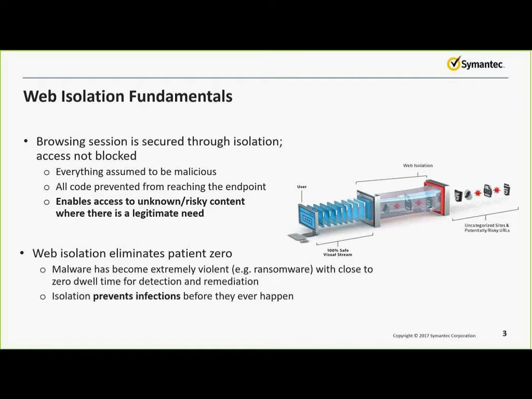So the end user browser doesn't have to execute any internet code. It's all done at a network level in a very secure, locked down, disposable container. And then we can feed just a visual representation of that website to the user. So we can now let the users browse to some of these websites, and we can feel safe in opening up that access.